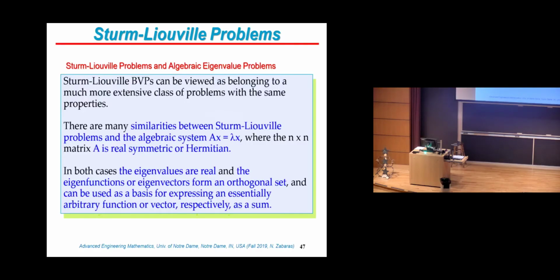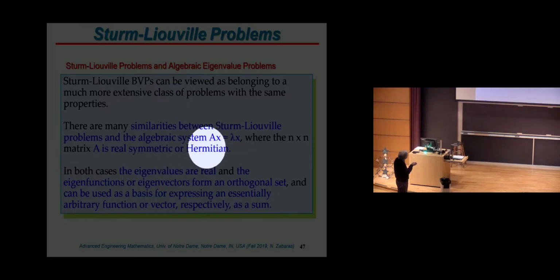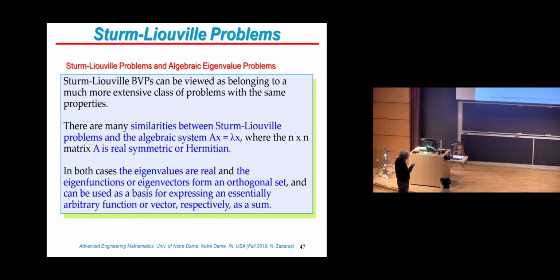And if you remember, one of the nice things we did, at least for symmetric matrices, was using the eigenvectors as basis vectors, right? That's exactly what we do here. And so someone may be asking if there is similarity between Sturm-Liouville problems and the eigenvalue problems. Is that just simple similarity, or is there much more to it? And the answer is there is way much more.